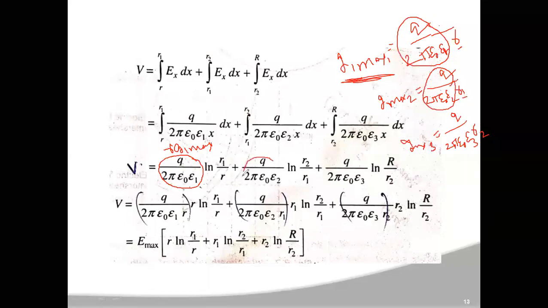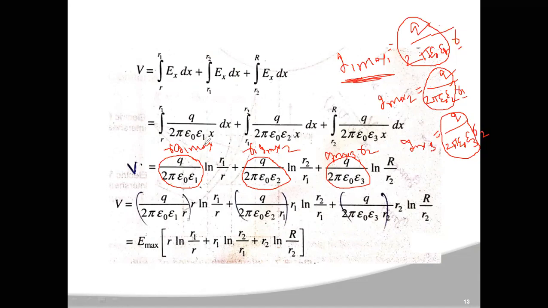Similarly Q by 2 pi epsilon naught epsilon 3, you can write as R2 into G max 3.